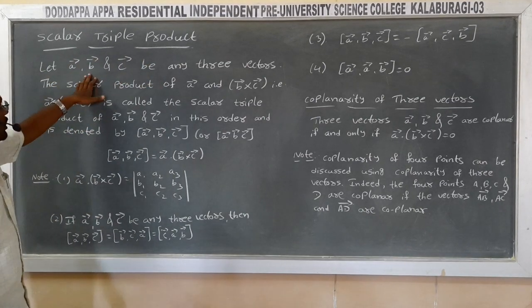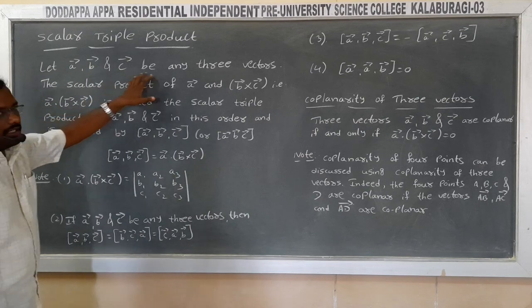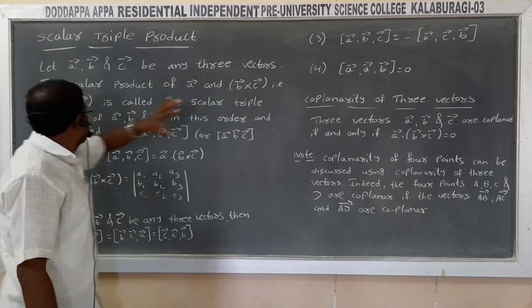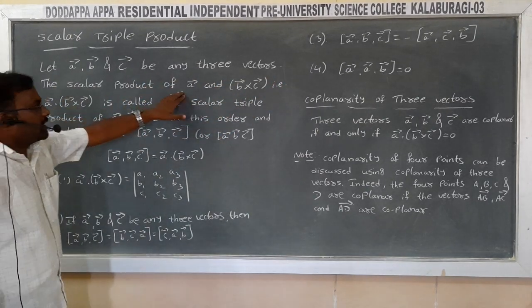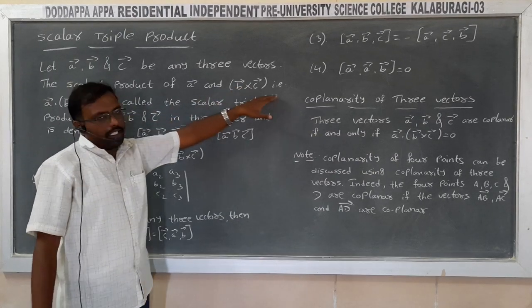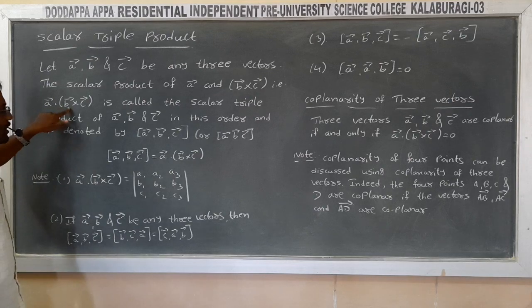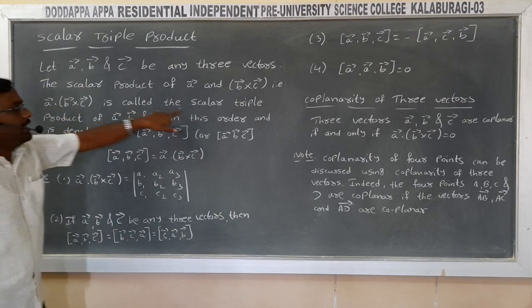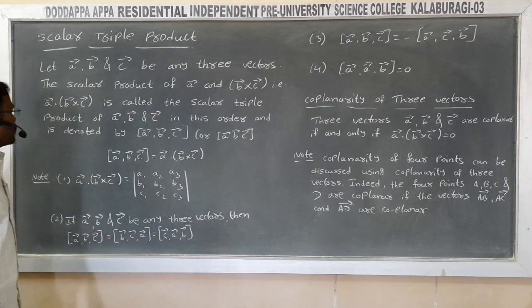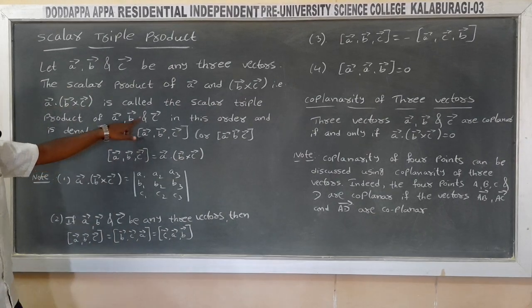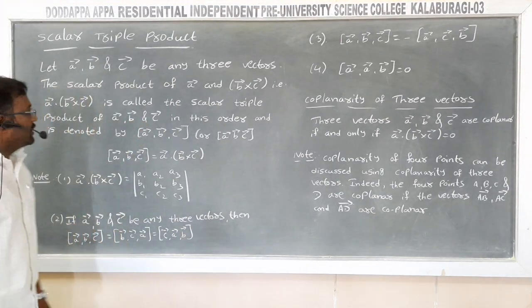Let vector A, vector B and vector C be any three vectors. The scalar product of vector A and vector B cross vector C, that is vector A dot of vector B cross vector C, is called scalar triple product of vector A, vector B and vector C. Is it clear?